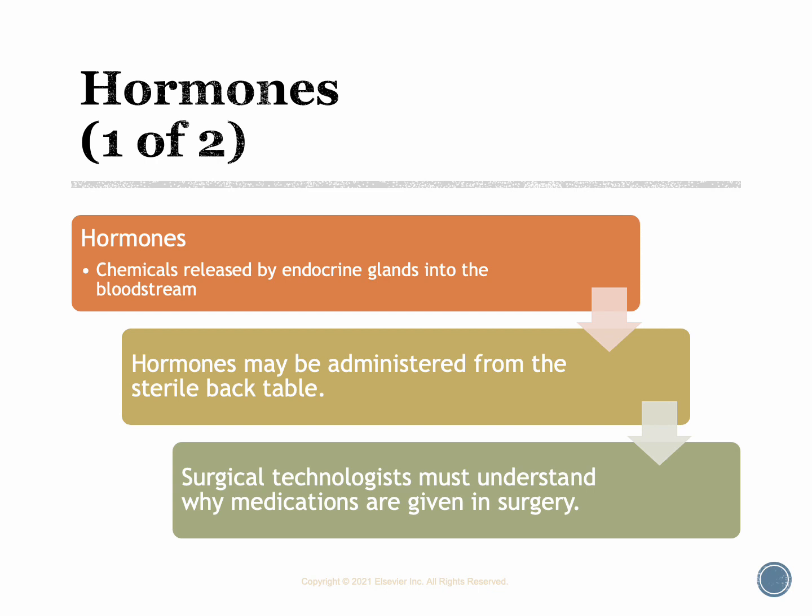While they are naturally occurring, there are several synthetic hormones that have also been developed, and we'll talk about some of those. These hormones have a wide variety of actions in the body, and as surg techs, like I said, it's our responsibility to know and understand why those medications are given before surgery, during surgery, or perhaps after surgery.